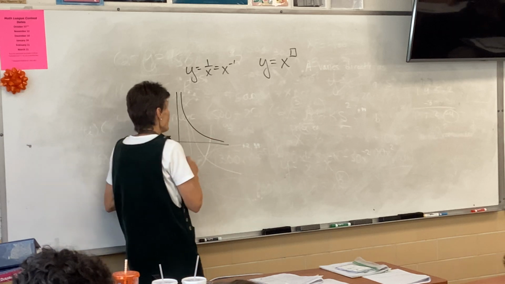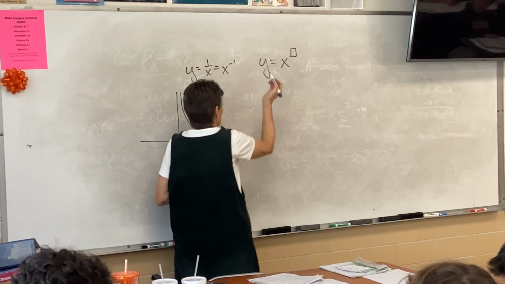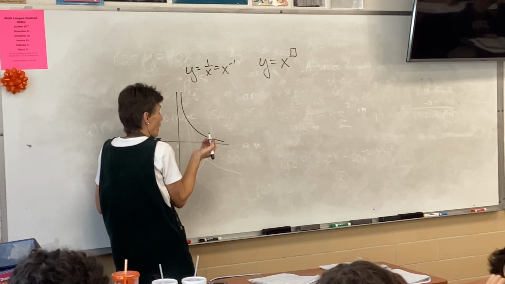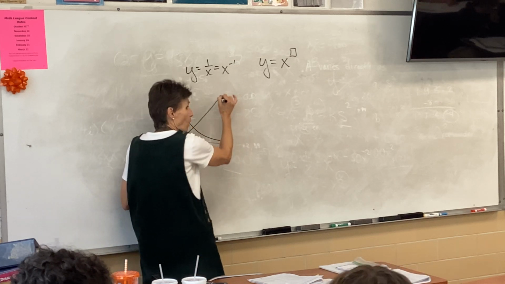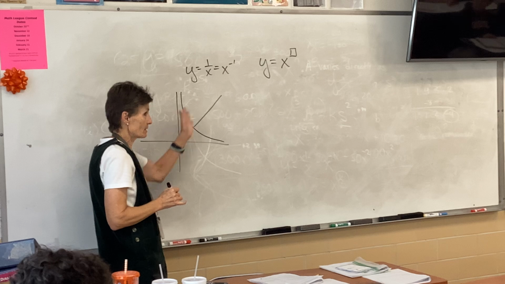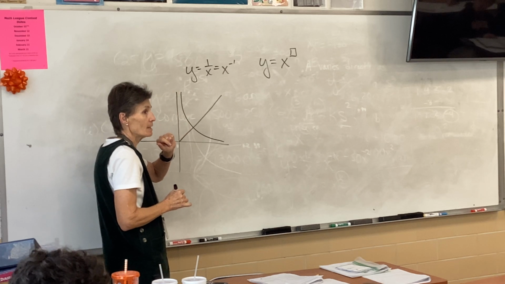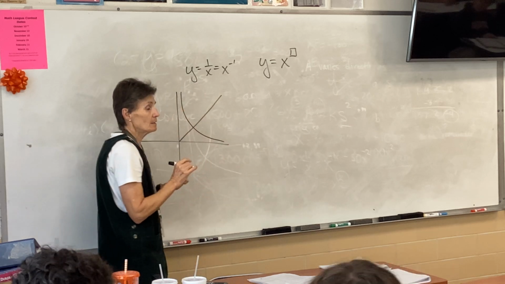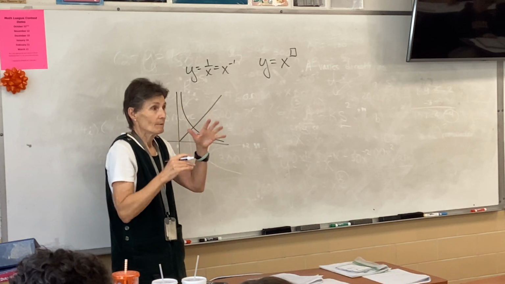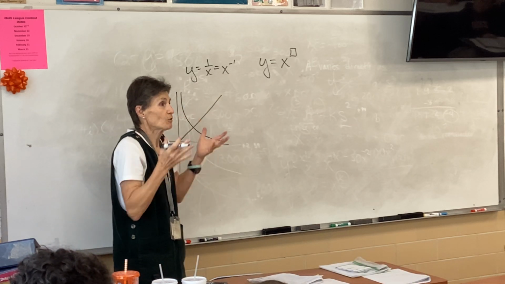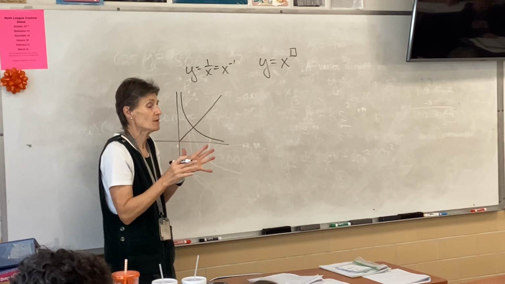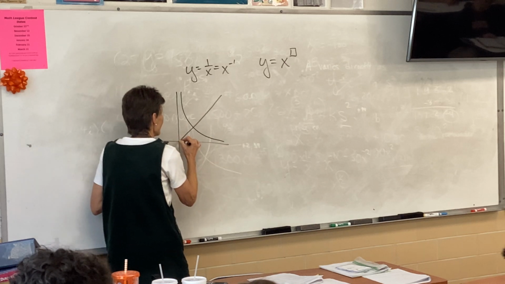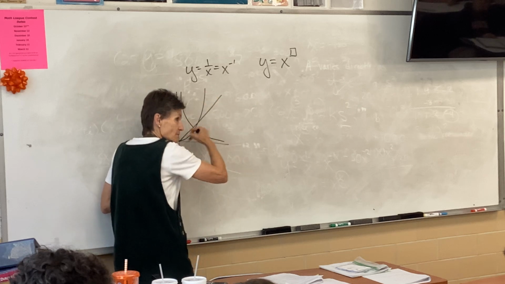Now, what about if it's 1? What does it look like if it's 1? It looks linear, it's just that line. If that power is more than 1, like 4/3, it can be any number more than 1, you're going to have a parabola type behavior, curving like that.